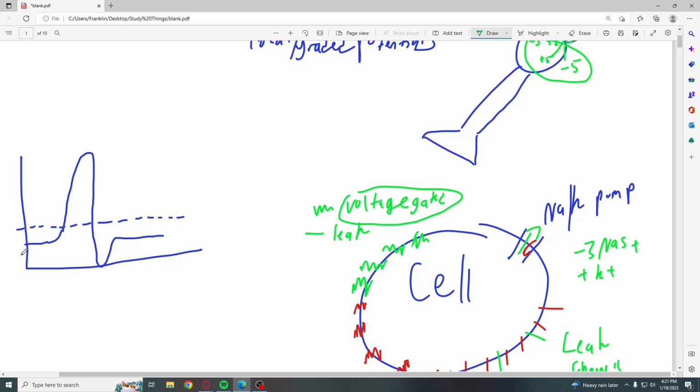So the resting potential is going to be -70. This is where you're at normally at rest. And you have to get to -55-ish to reach a threshold.